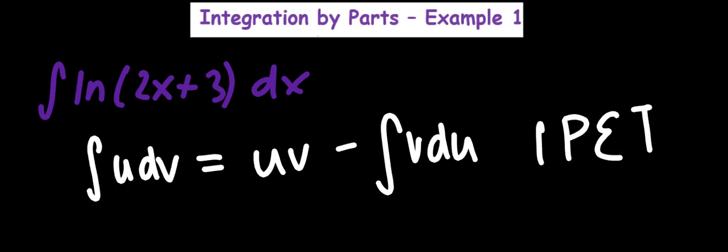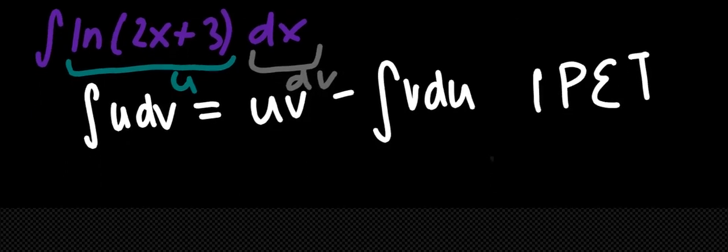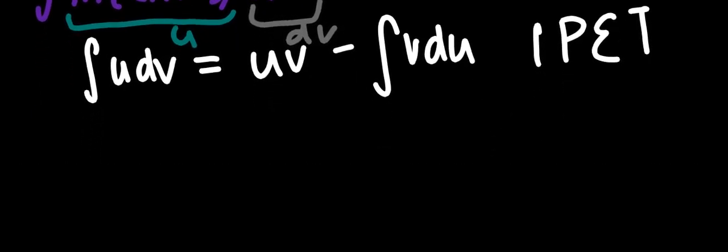For this case, we have an inverse function. Our inverse function is ln of 2x plus 3, right? So that's our u, and our dv is going to be the rest of it, which is dx. Now I'm going to use the tabular method.